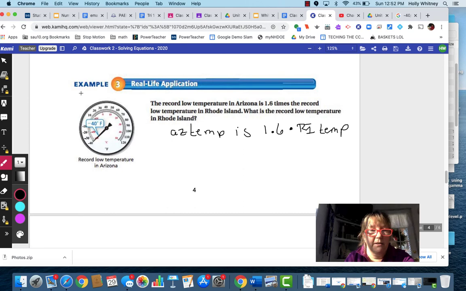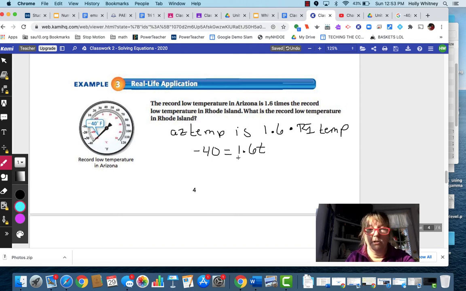Well, from this, we know the record low temperature in Arizona is negative 40. So negative 40 means equality. 1 6/10 times Rhode Island's temperature, which we don't know, so we're going to say T. So 1 6/10 times T. And then we are going to solve this.